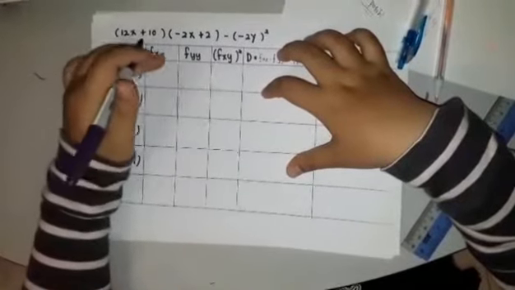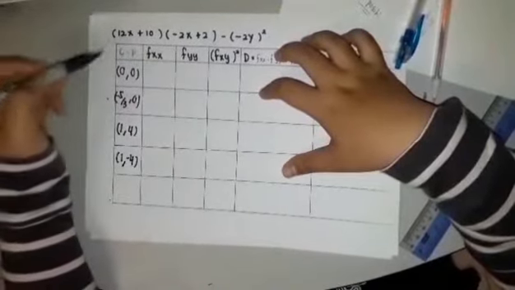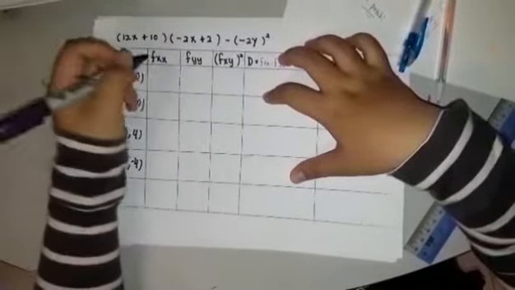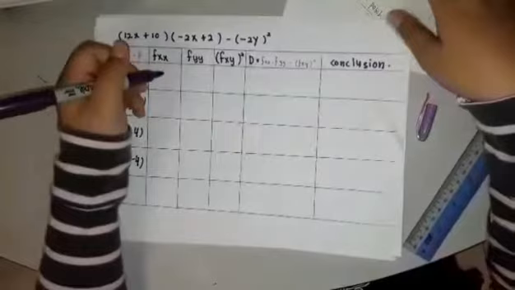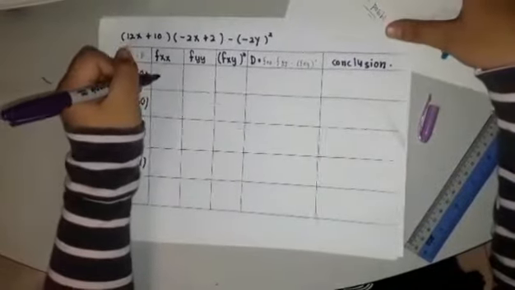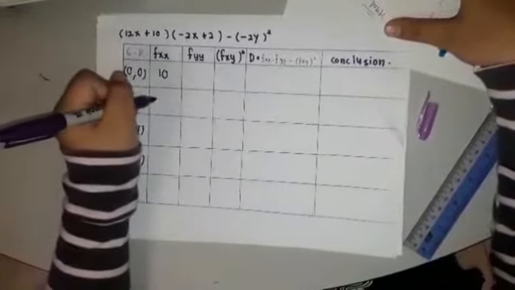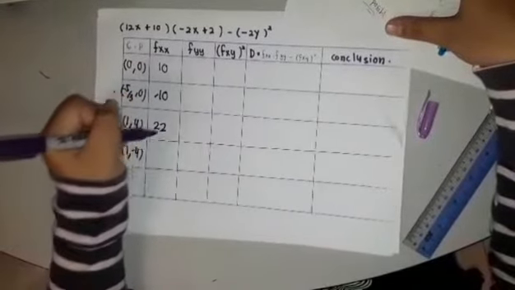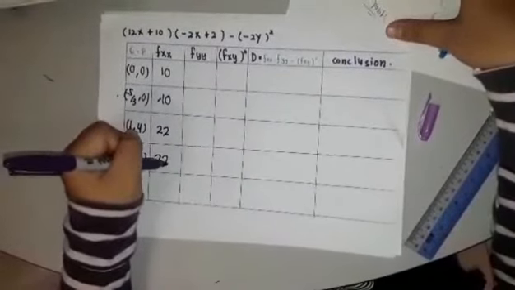For fxx, we substitute the critical points into the fxx that we got before. When we substitute, the answers for fxx are 10, negative 10, 22, and 22.